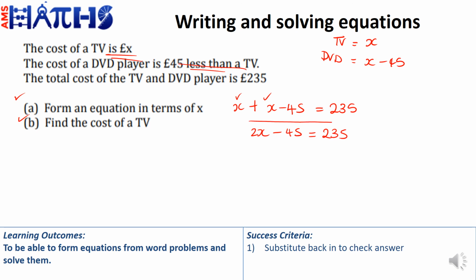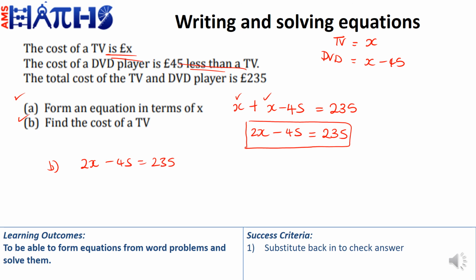So this is the equation for part A. Then it says find the cost of the TV, so for part B we just write our equation and then we will solve.